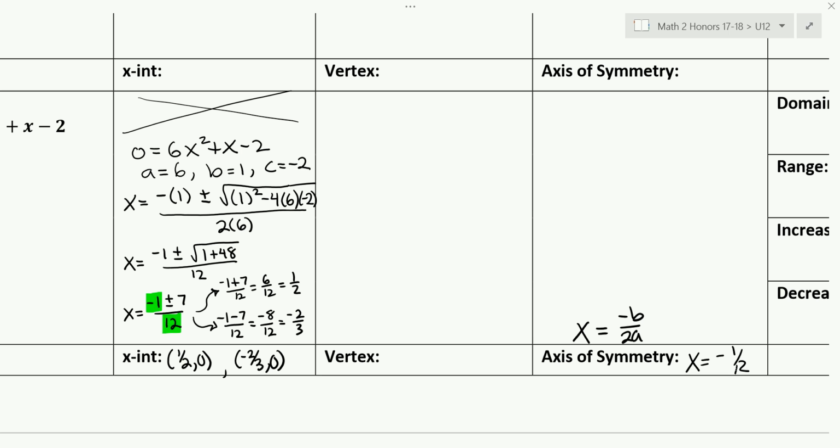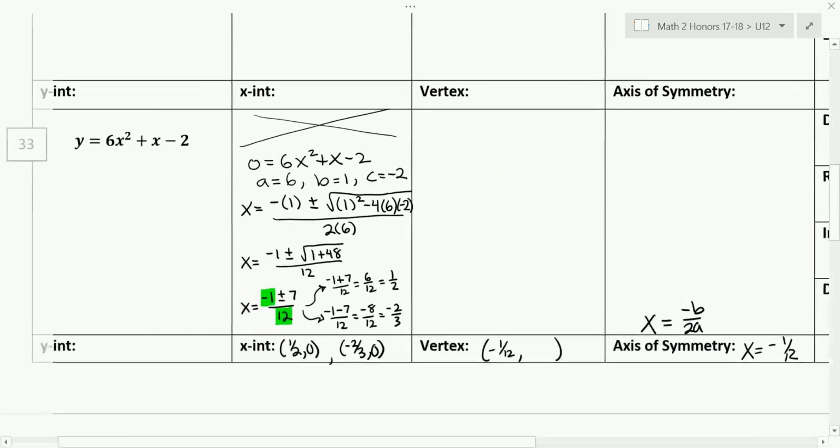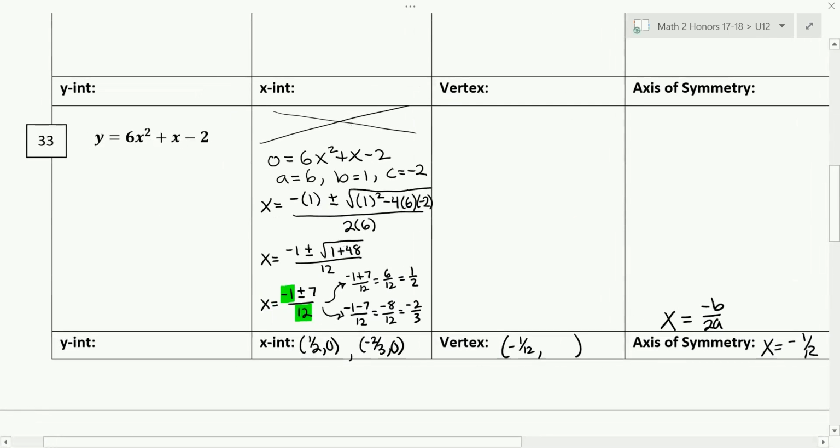You can still add and divide by 2, or now you can use negative b over 2a, which is a quicker route to getting that. We still don't have the full vertex, though. This is negative 1/12. We have to find the other piece. So let's plug negative 1/12 into this equation.